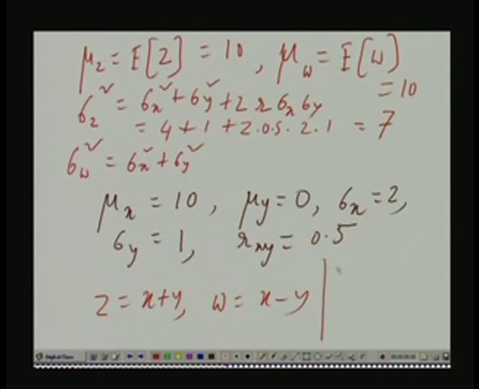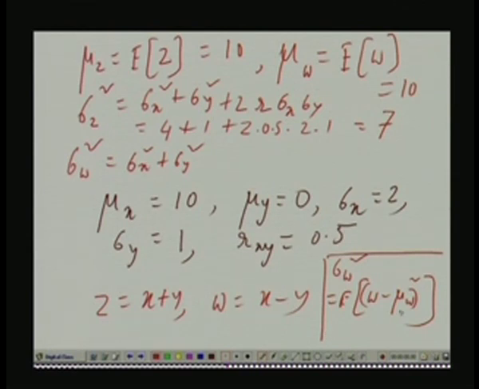That is, sigma w square is the expected value of w minus mu w whole square. Now, w is x minus y, and what is mu w? Mu w is mu x minus mu y. So, you can proceed like the way we proceeded in the case of z equal to x plus y.